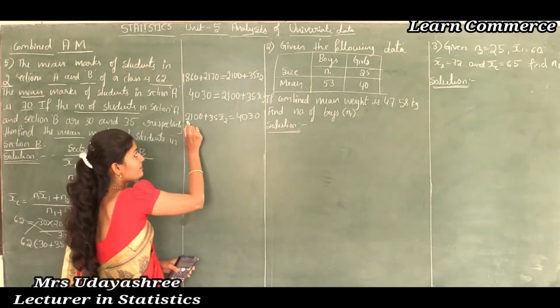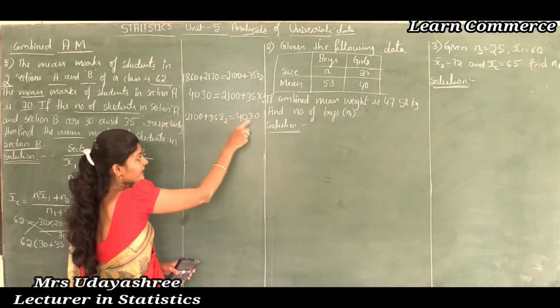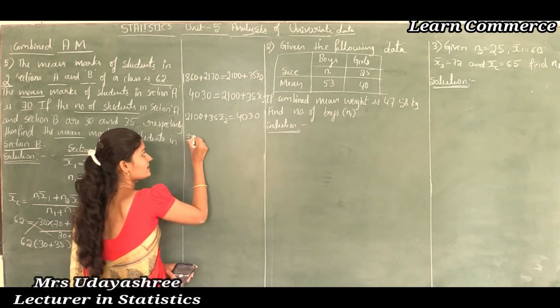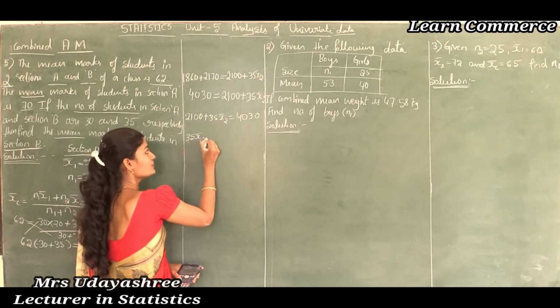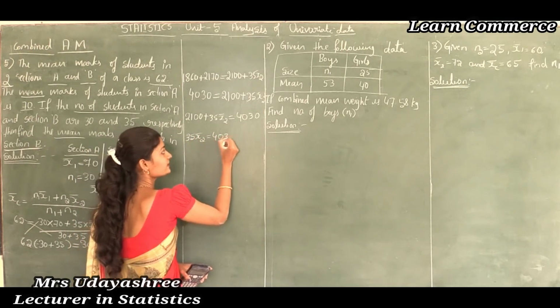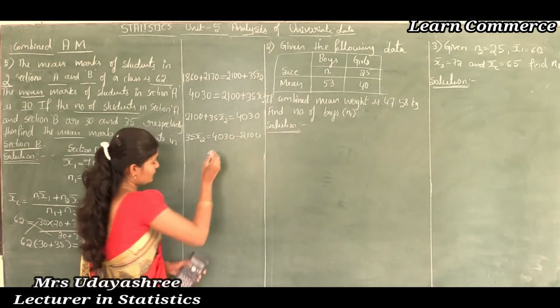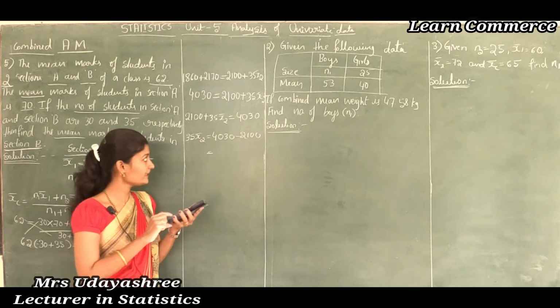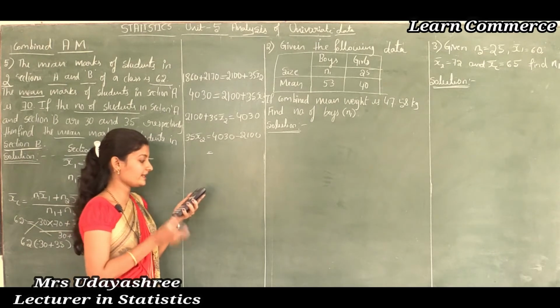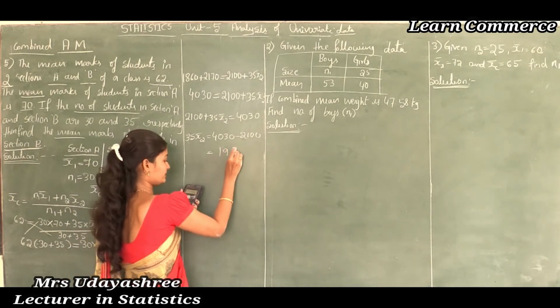Therefore, I will bring this 2100 to the right hand side, that is 35 x bar 2 is equal to 4030 minus 2100. This is equal to 1930.